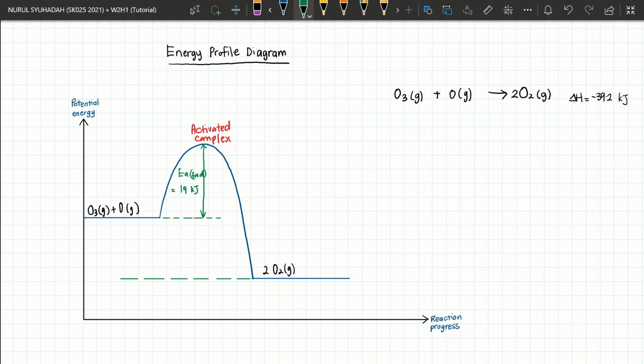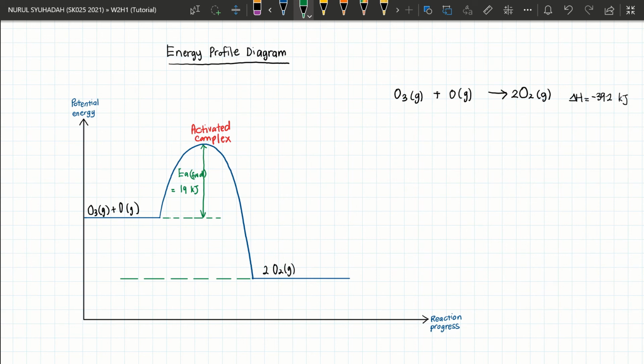I actually made a mistake in your notes where I put positive 19 kilojoule for the activation energy. For activation energy, you don't have to put positive or negative because it must be a positive value, so you can cross out the sign that I put on your notes.